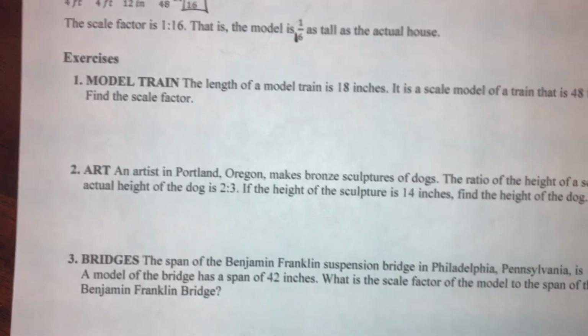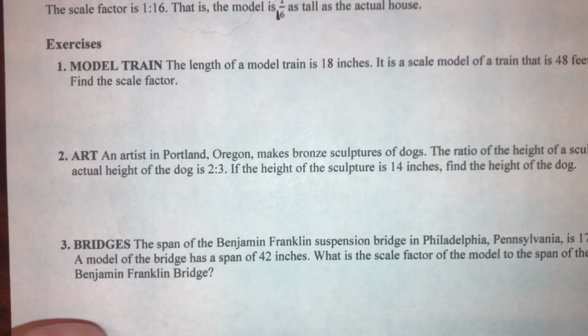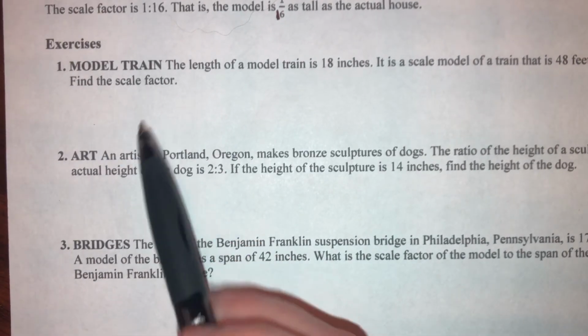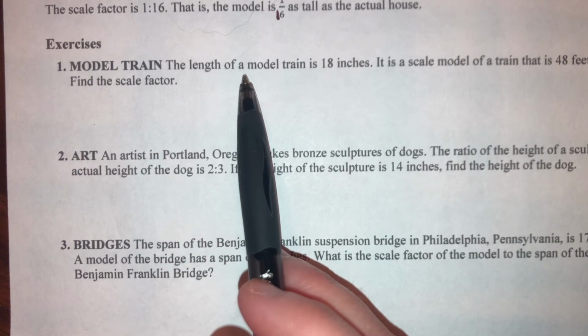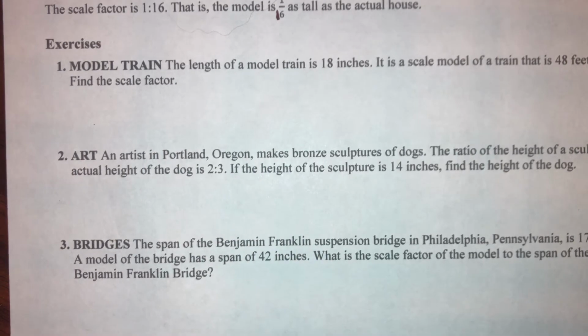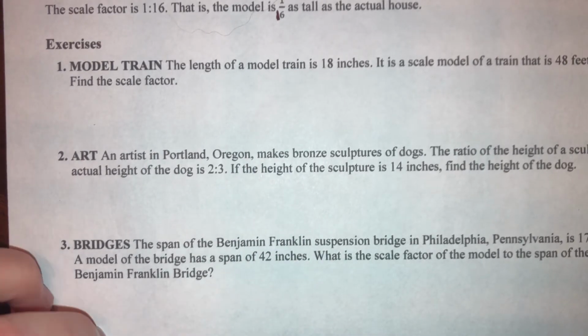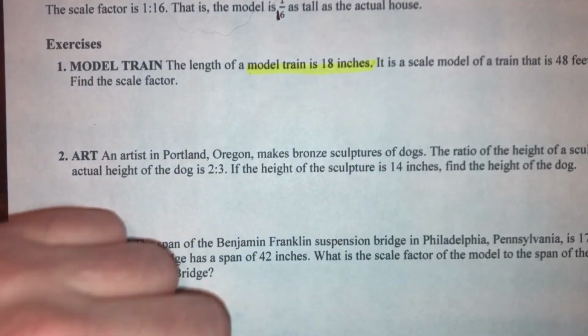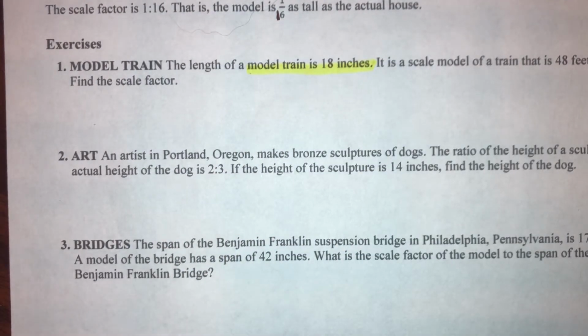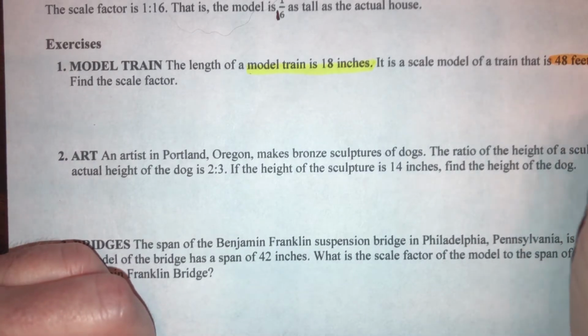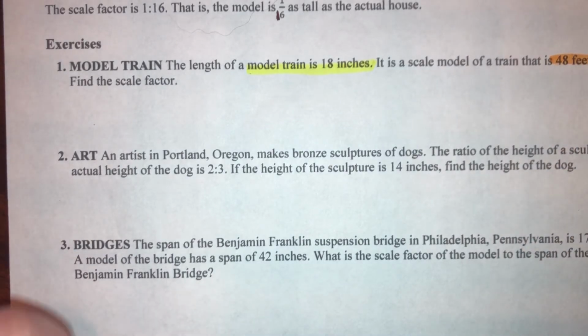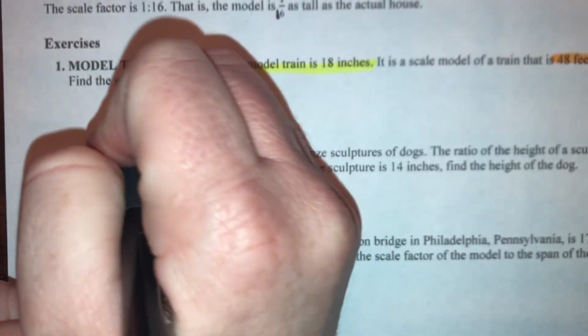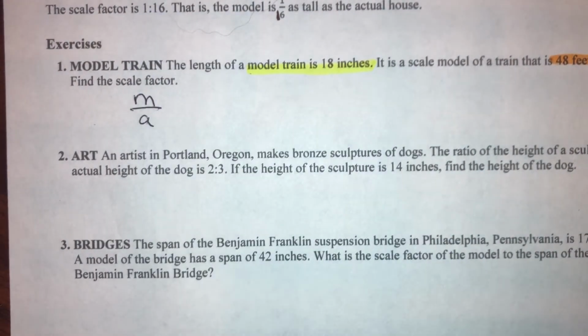All right, so let's just do 3 examples here together, okay? Same kind of thing. A model train. The length of a model train is 18 inches. Here, I'll highlight that. The model is 18 inches, and the actual train is 48 feet. Okay, so remember when we write our ratio, we write model over actual.